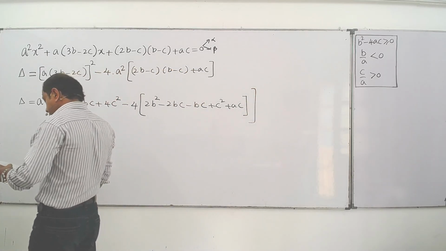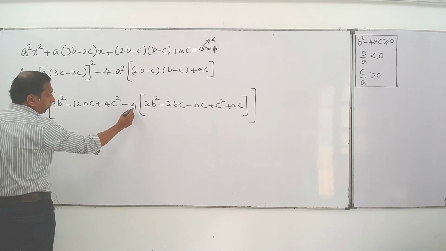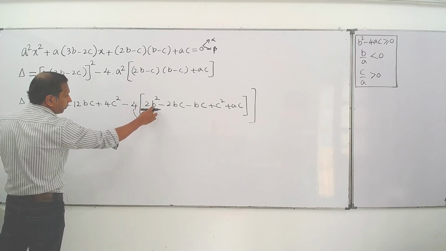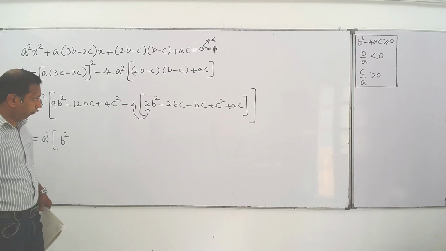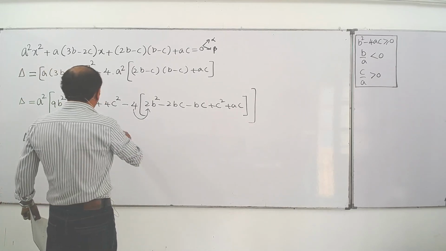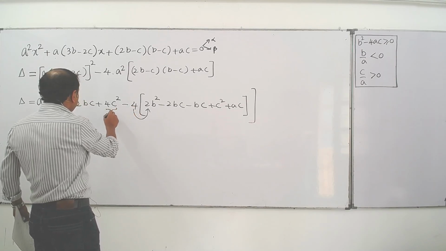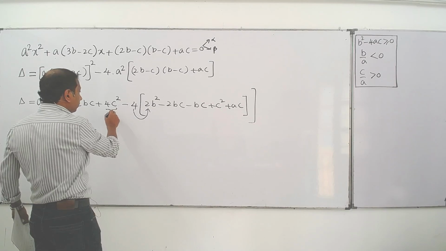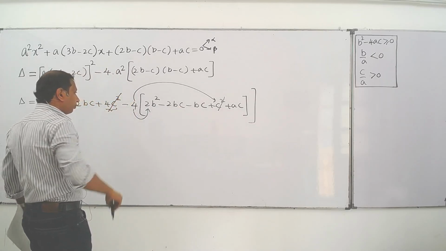Here minus 8b squared, here 9b squared, we get b squared. Next, here we get 4c squared, here minus 4c squared, these two we can cancel.